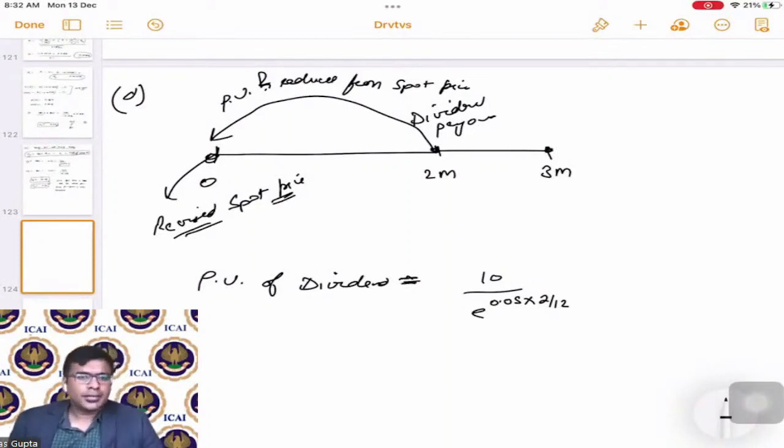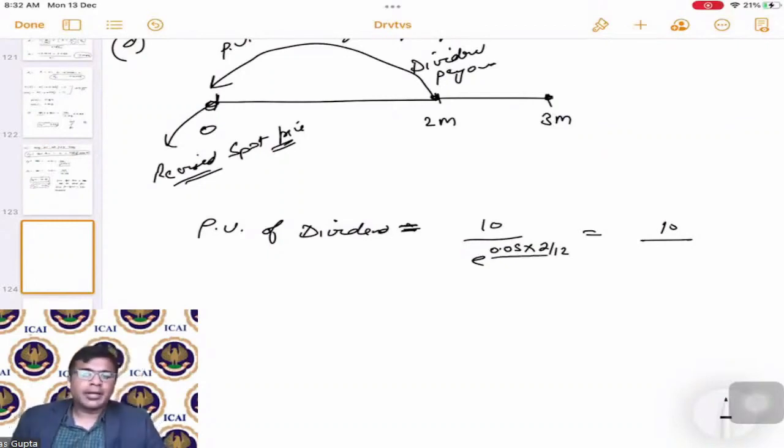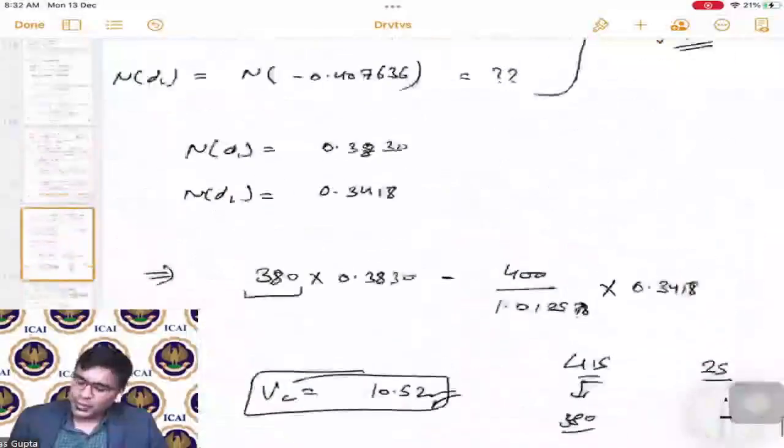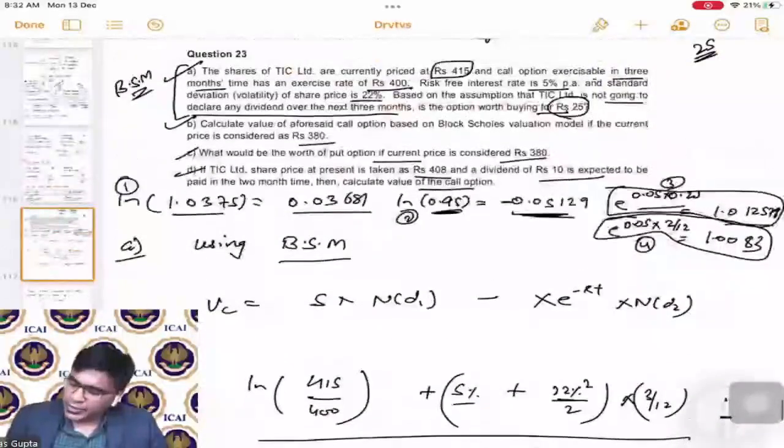This is the dividend's present value. Now, for calculating this, 10 divided by e raised to the power 0.05 multiplied by 2 by 12, how it is calculated is actually given in the question. This is one of the 4 points I have put here.